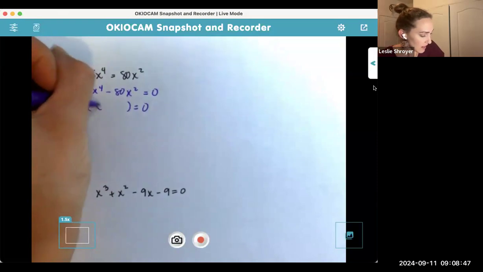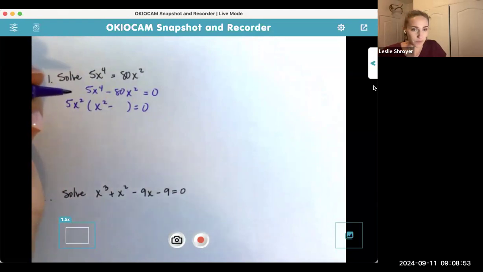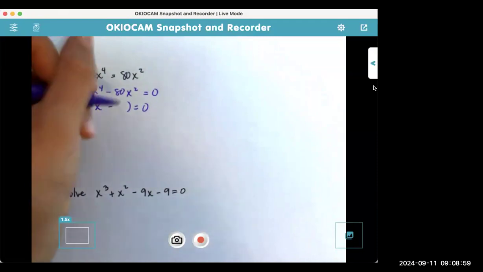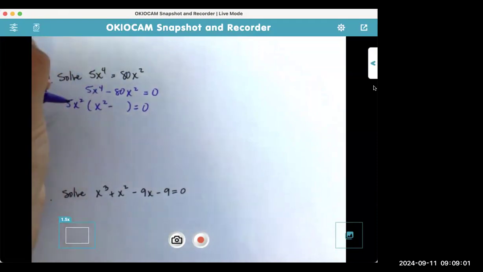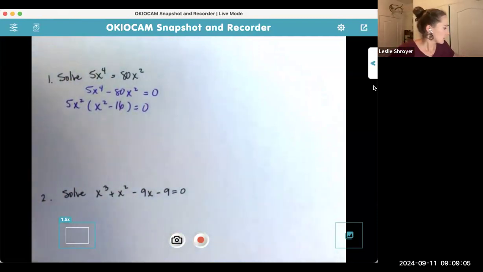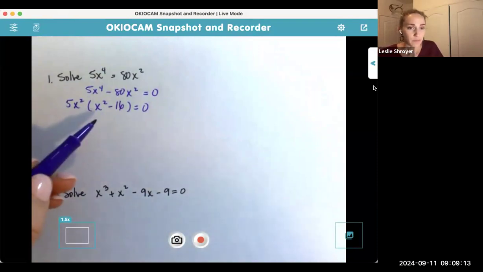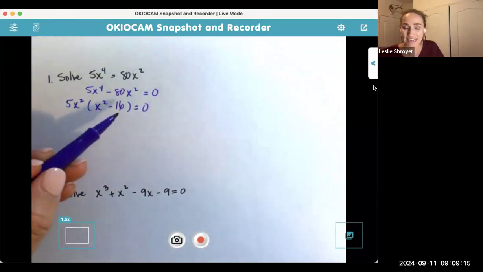So that leaves x squared minus, and then 5 can go into 80 how many times? 16. Yeah, 80 divided by 5. Beautiful. Okay, so we now have 5x squared times x squared minus 16.